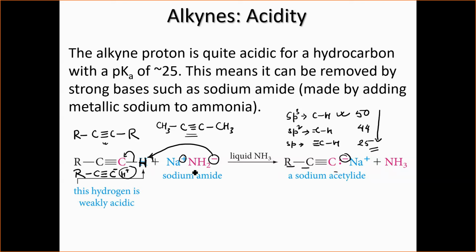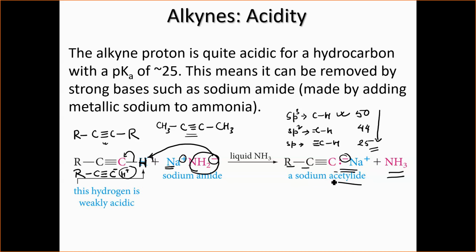This amide reacts with a proton to form ammonia, whereas the remaining sodium positive will form a salt with the triple bond, and this salt is called acetylide. In some books it is also called acetonide. This is called sodium acetylide.